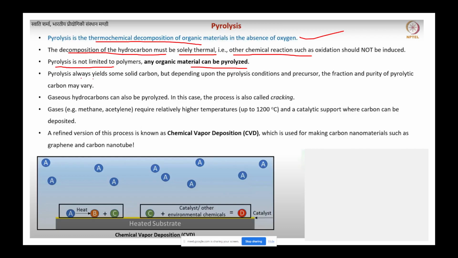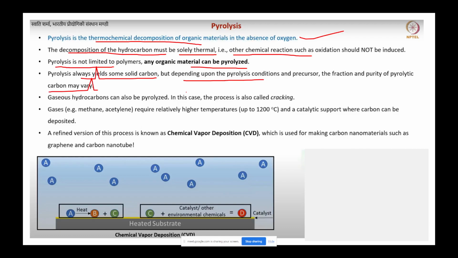Pyrolysis always yields some solid carbon, because there will obviously be some carbon, but depending upon the pyrolysis conditions and precursor, the fraction and purity of pyrolytic carbon may vary. It depends on various factors like the precursors you are using, the temperature, and the pressure.